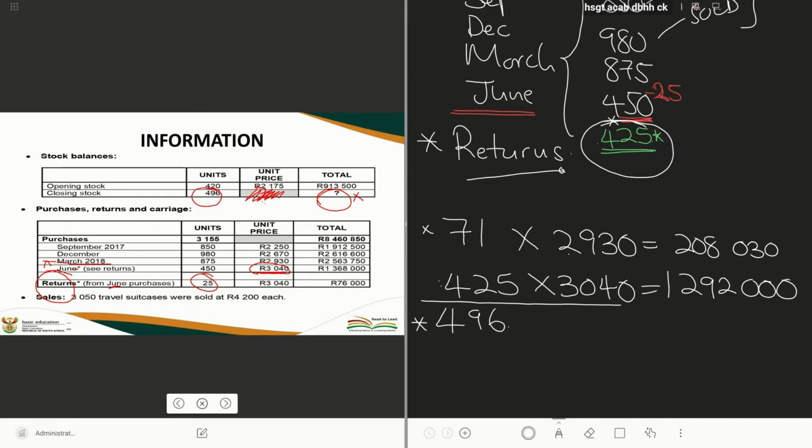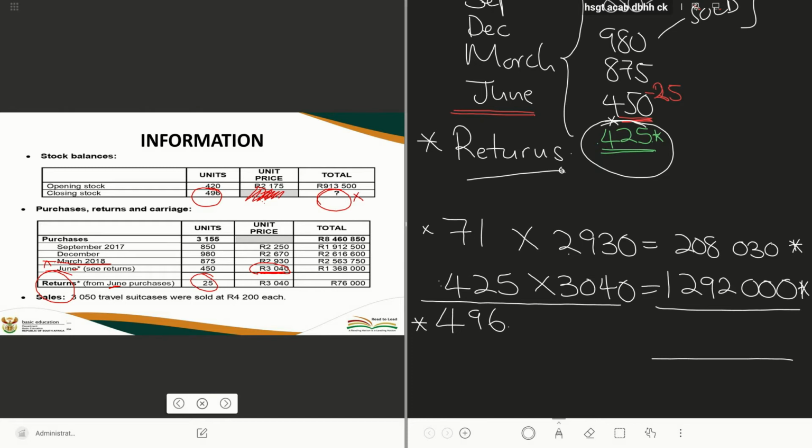208,030. Boys and girls, you need to add these two figures up now. You are adding your 208,030 plus 1,292,000. Let's punch them in the calculator. 208,030 plus 1,292,000.